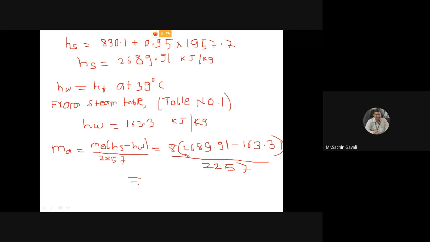Kunal got the answer, 8.955. Am I correct? What is the unit? Write down the unit: kg of steam divided by kg of coal or kg of fuel.